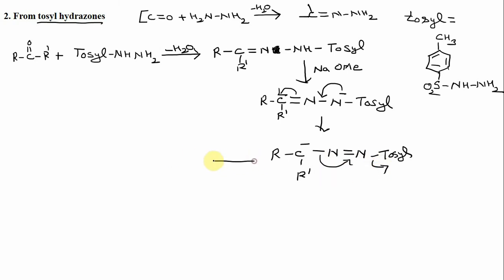So there is a loss of nitrogen and a loss of tosyl group to give the corresponding carbene. So this results in the formation of carbenes. These carbenes can be generated from tosyl hydrazones.